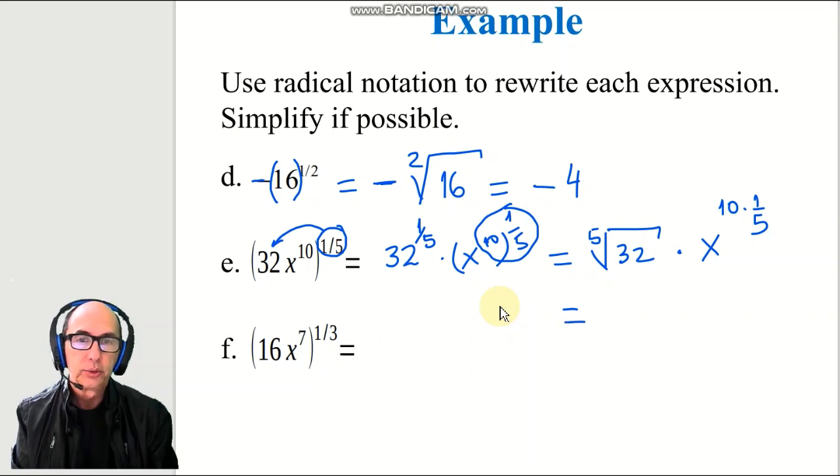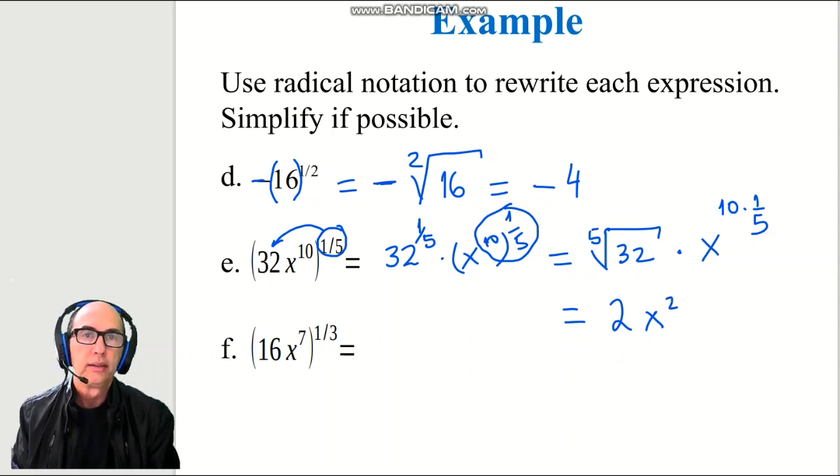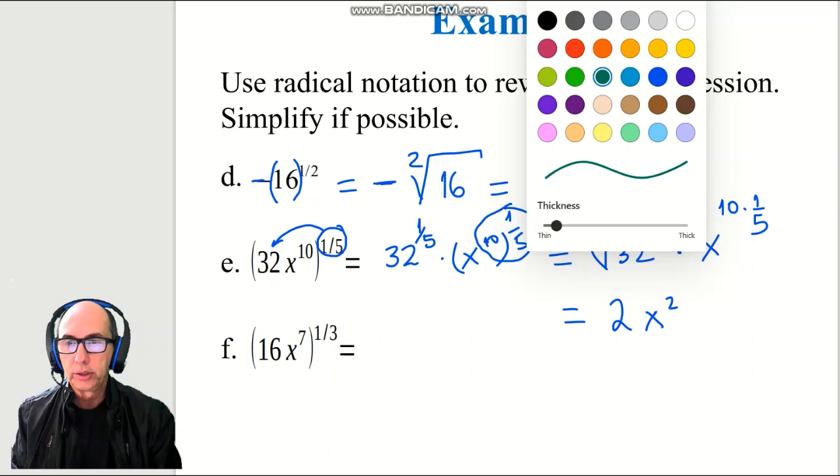So that's equal to, oh, wait a minute. I know the fifth root of 32. You can type it in a calculator, but I think I know. 2 times 2, 4 times 2, 8 times 2, 16 times 2, 32. 2. And that's going to be x to the 10 times 1 over 5, which is x squared. That's the answer. All right, let's check the next one.